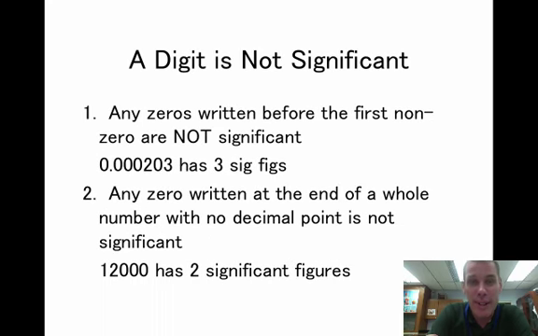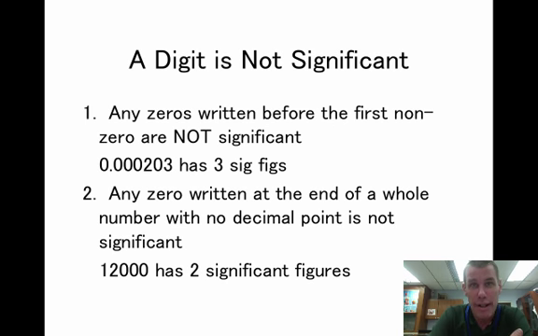When is a zero not significant? Well, there's two ways. First of all, any zeros written before the first non-zero is called a placeholder. You can put an infinite number of zeros in front of your first non-zero. For example, the number 10 can be written 000010, and that's fine.